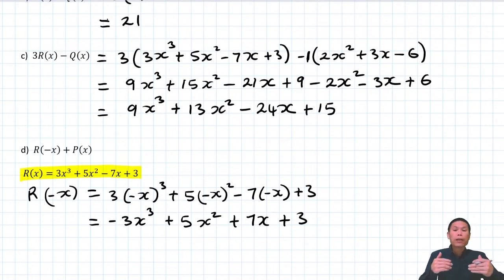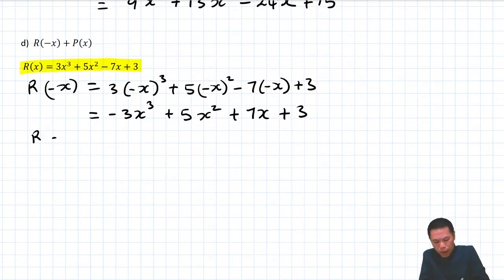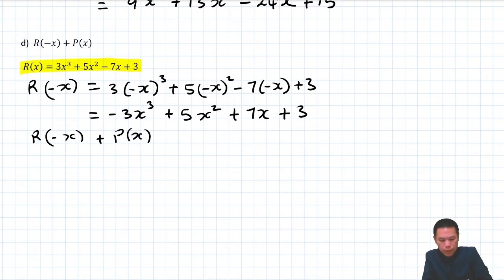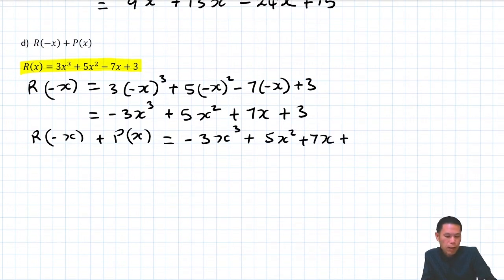Then we need to add px. R of negative x, and then we plus px, okay? So which is equal to, R of negative x, I just write this down, minus 3x to the power 3 plus 5x squared plus 7x plus 3, and then we add px, okay?